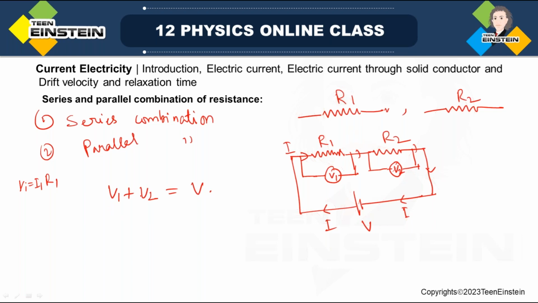Here V is equal to, suppose current I is flowing, so this will be I into R1 plus I into R2.